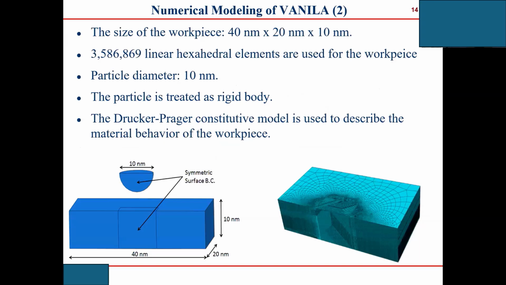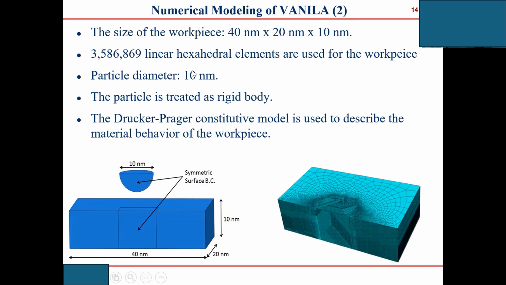So here is this numerical modeling. We have this workpiece. Because of the nature of this nanomachining, we just assume this one is a sphere. The size of the workpiece is 40 by 20 by 10 nanometers, and as you can see, 3.5 million elements are used.